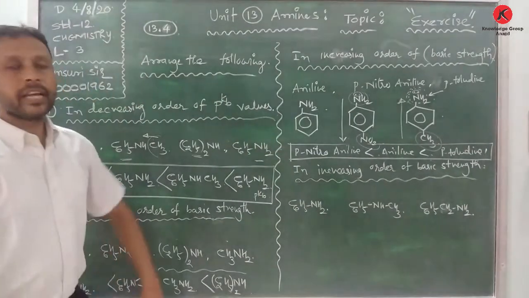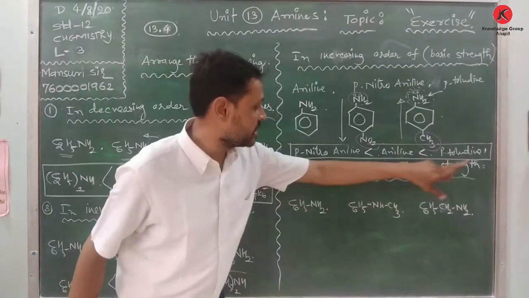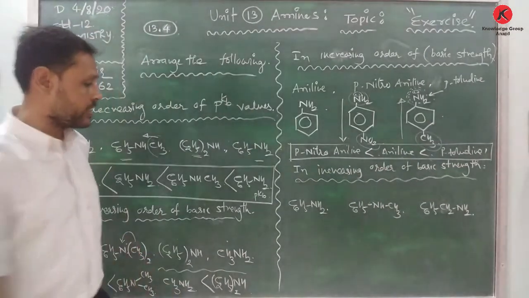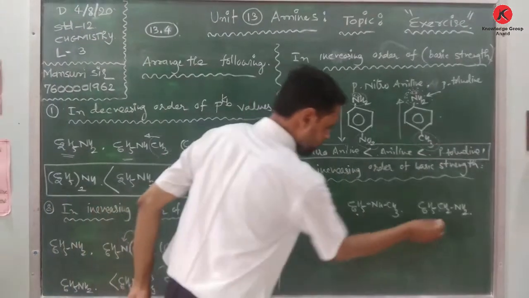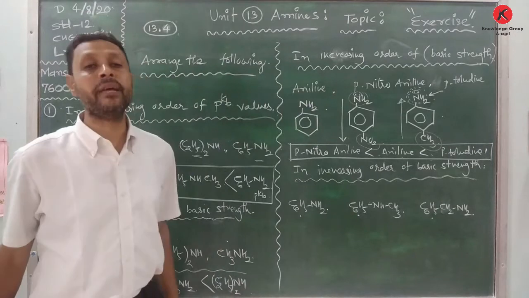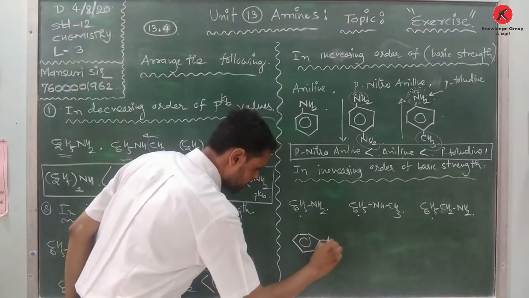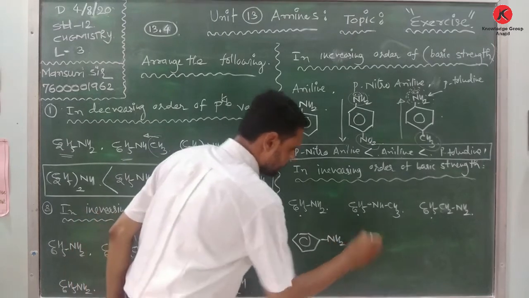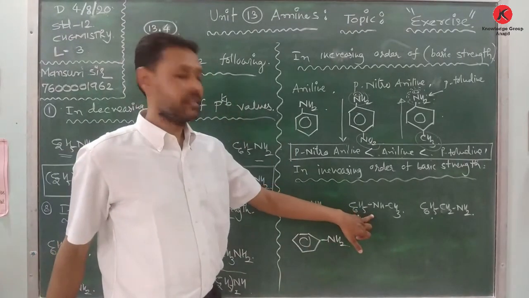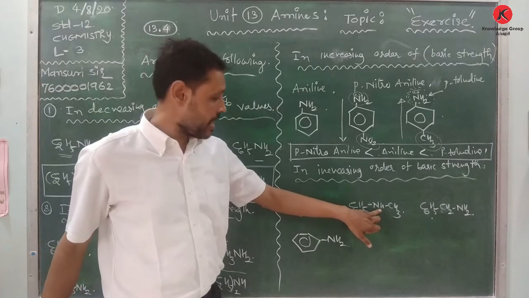Okay. Thereafter, in increasing order of basic strength, now you know very well that all the given compounds contain a benzene ring. Here aniline is given. Here aniline contains nitrogen and carbon.